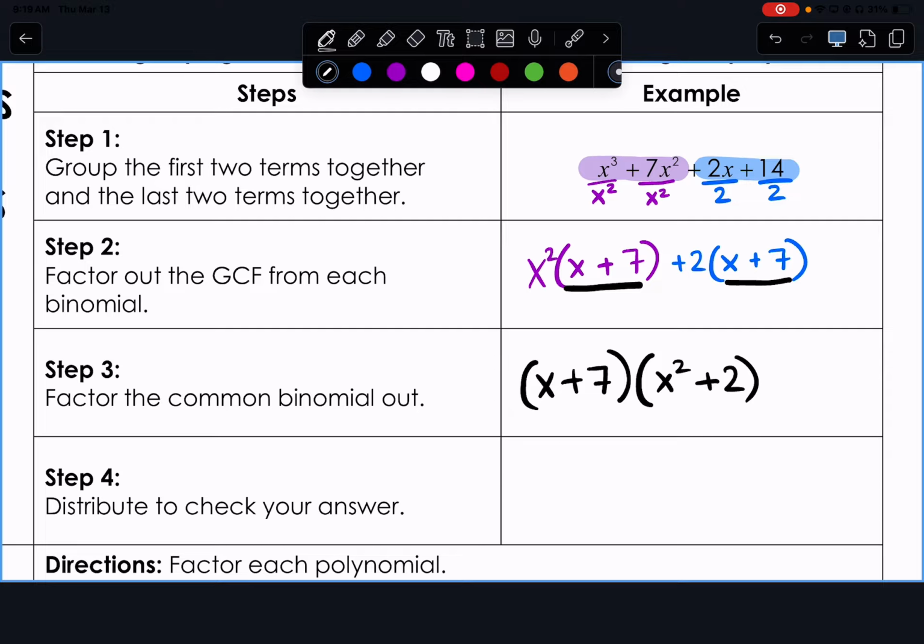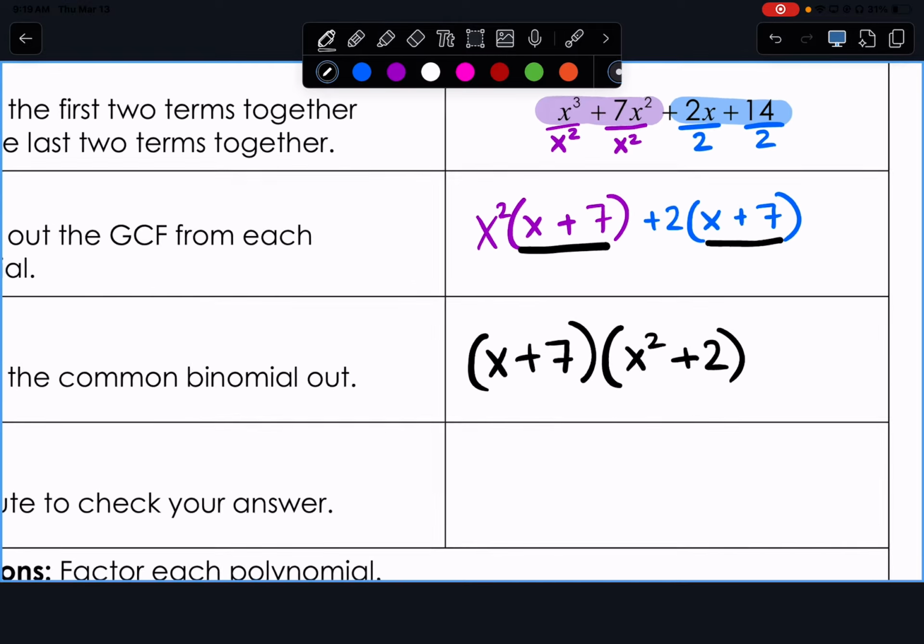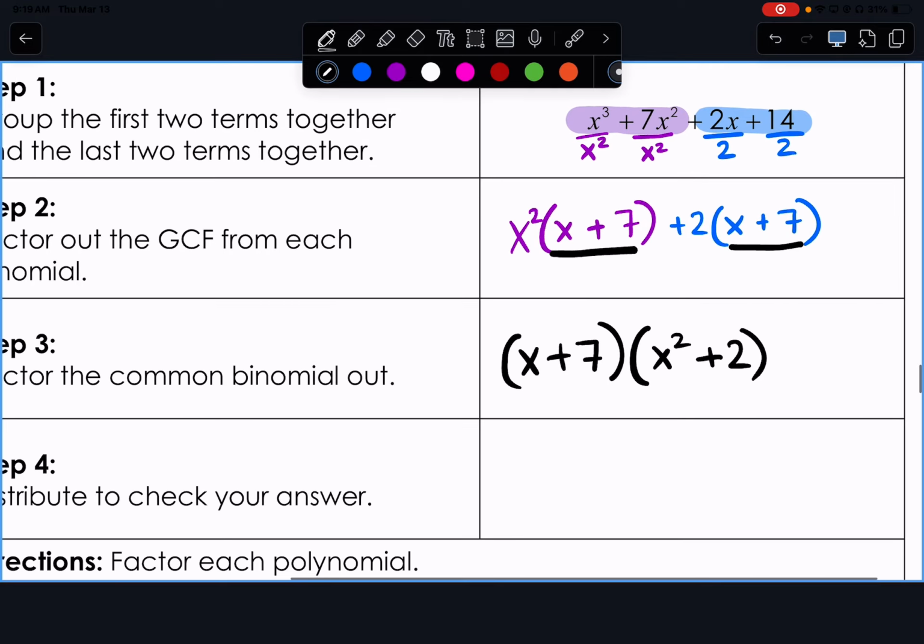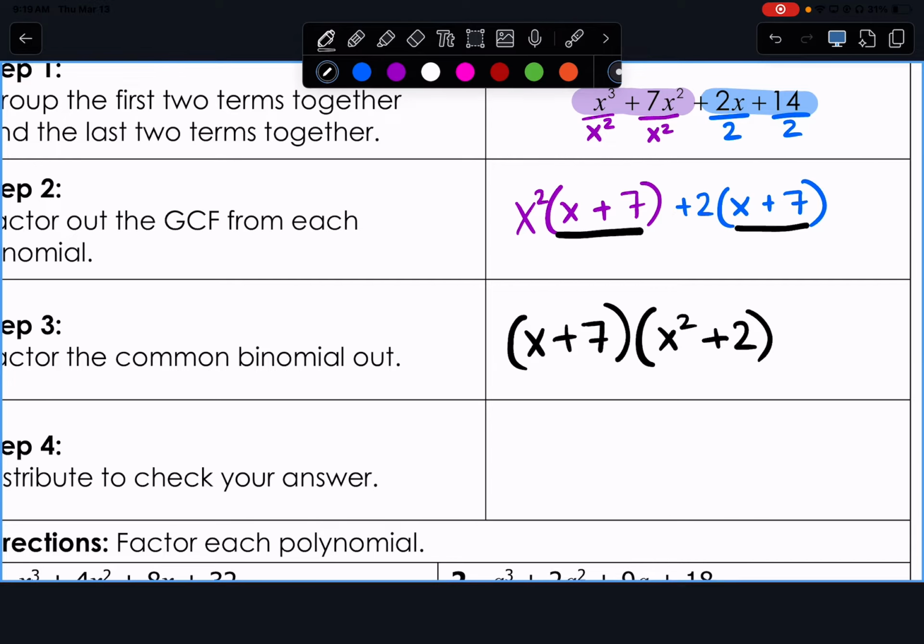Then, if you need to check, we just distribute it back out and check. So let's do that real quick. To check this, I would do x times x to the 3rd, which gives us x to the 3rd, because we do x times x squared. Then we would do x times 2, which gives us? Then we do 7 times x squared, which is? Then we do 7 times 2, which is?